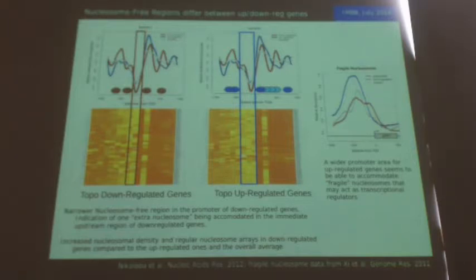I think the major problem for this experiment, coming back to my first question, is that the problem is always whether the topoisomerase, whenever it's detected, is involved in replication or transcription.